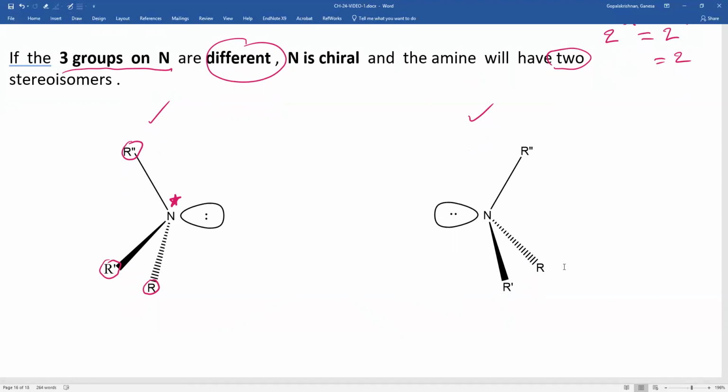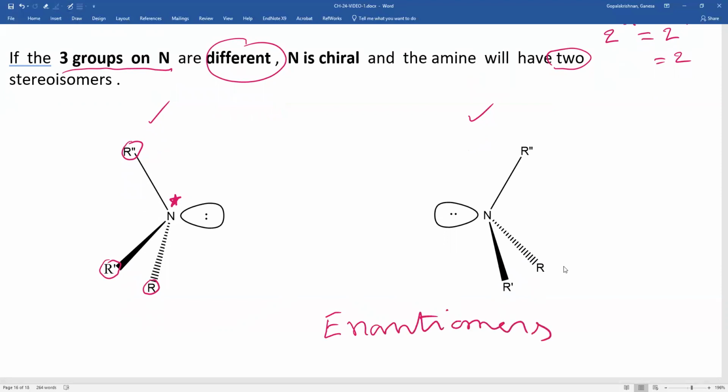Normally we saw in chapter 5, you need not go back and look at it, but you know there are 2 isomers. One is the mirror image of the other, but not superimposable. We call them enantiomers. So these 2 are enantiomers.